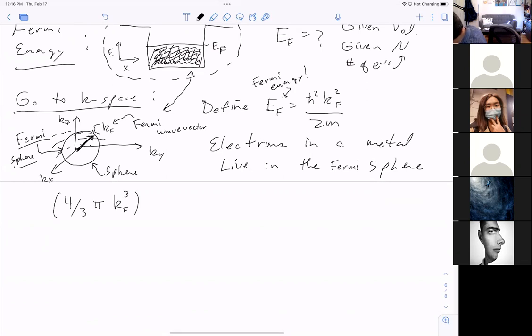That's the volume of the Fermi sphere, which contains all the electrons of the metal. And so I can ask myself, how many little K points are in that sphere? Because remember, that's a sphere living in the three-dimensional grid of K space. To get the number of points, I have to multiply this times a quantity. Can you guess what I have to multiply it by? Can anyone guess?